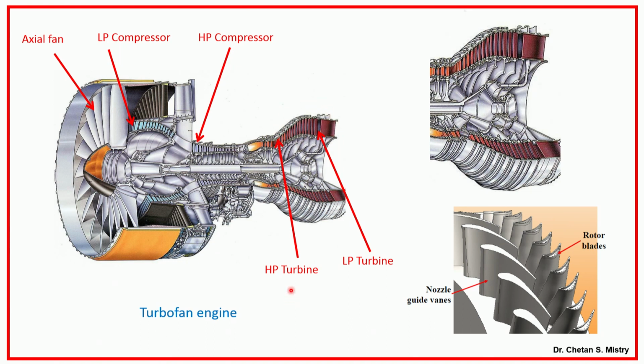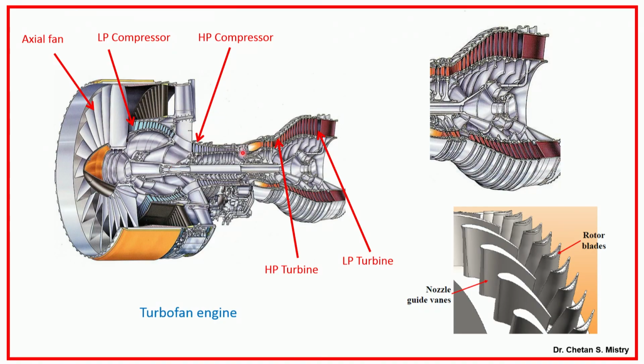If we look at the HP turbine, it is not named for generation of HP, but its operating pressure is high, and that is why this section has been defined as HP turbine. This HP turbine rotates at very high speed, which is the requirement of my HP compressor, because in order to generate very high thrust we need slightly higher compression.